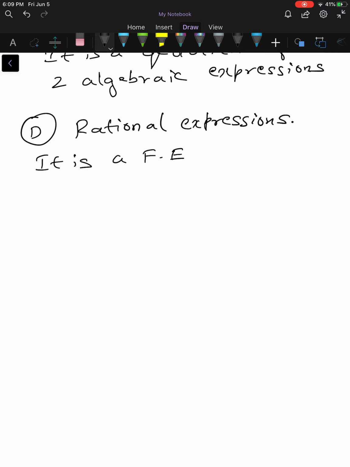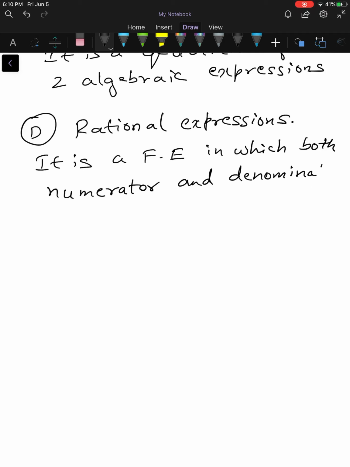That is not a standard abbreviation followed in math. That is just my thing to avoid more writing. So it's a fractional expression in which both numerator and denominator are polynomials.